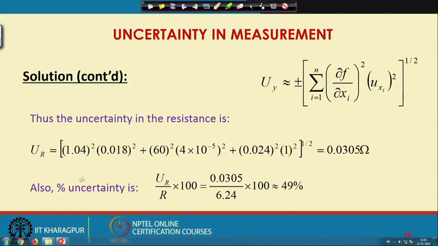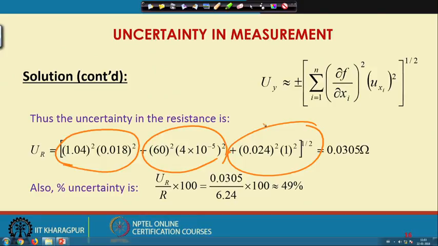So, simply put all the values for R0 term, alpha term and T term. So, the overall uncertainty is 0.0305 ohm.